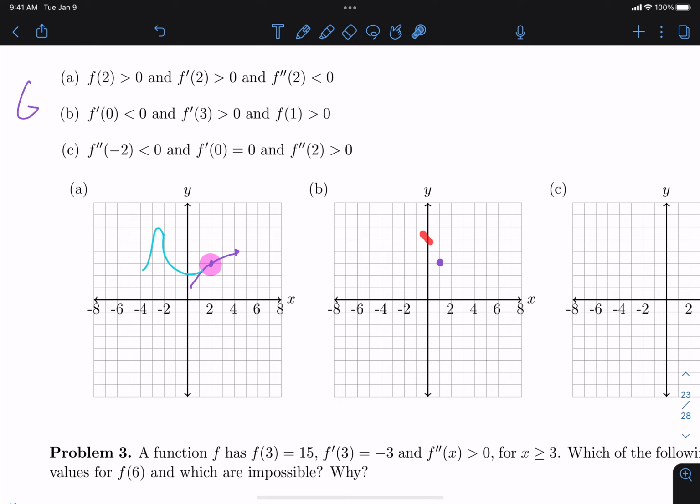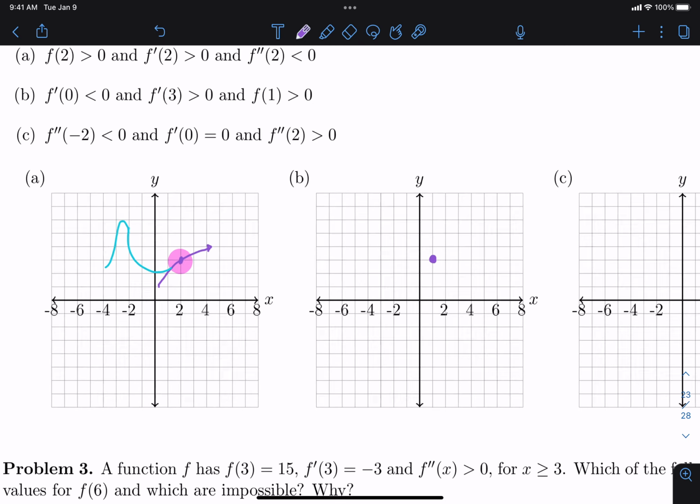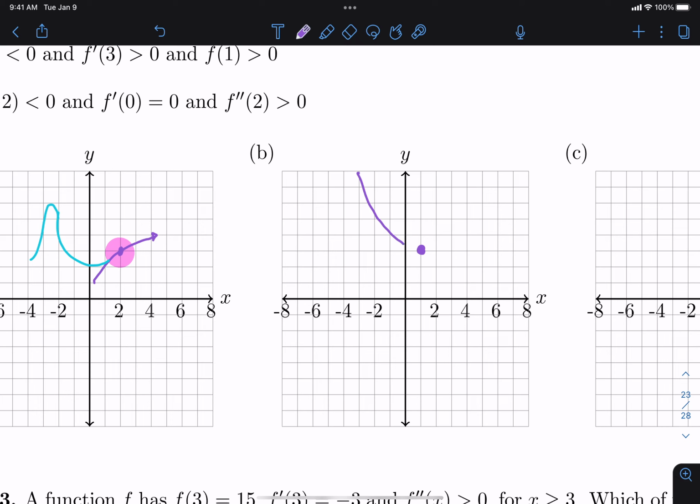And f prime of 3, larger than 0, says that when x is equal to 3, the slope of the tangent line is a positive number, meaning that we're going up. So we're going down at 0, and we're going up at 3.